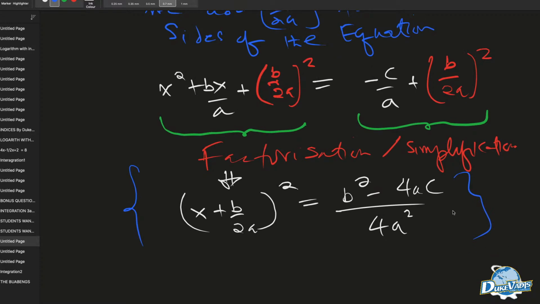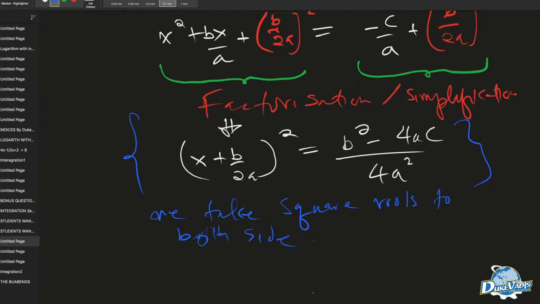Now the next thing we do is we take square roots to both sides.